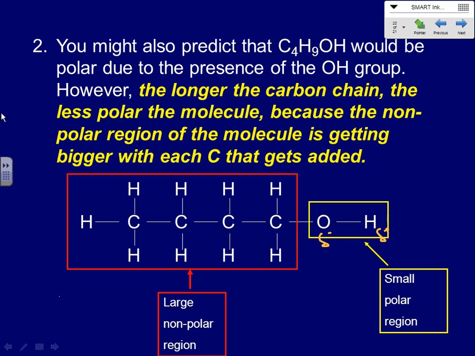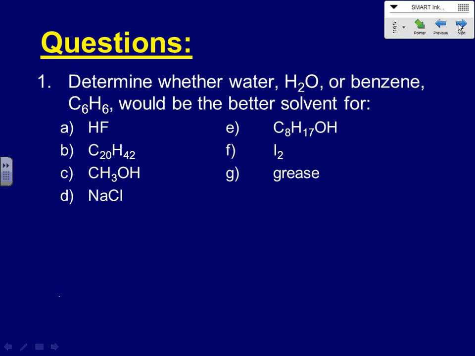We could actually calculate the Ksp for certain alcohols in water, and you would get less and less and less. So, more carbons, less soluble in water, more soluble in a nonpolar substance. So don't write this down. This is one of these that let's just discuss it, and then we've got it and we're in good shape.